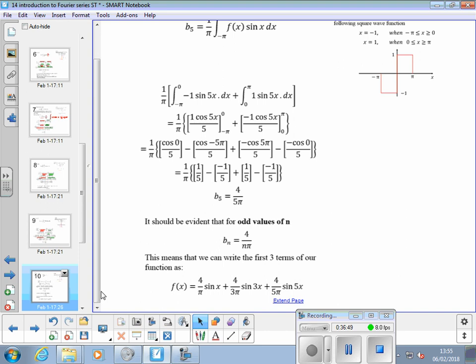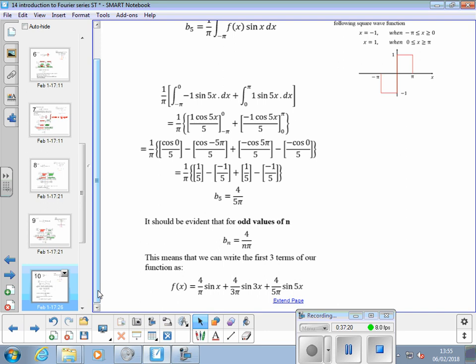Okay, now pi, and possibly the number 4, would be different if we are talking about a different period, the frequency. I'm not going to go into functions that aren't between minus pi and pi, functions that have got a different frequency to this. Alright, I'm not going to be doing that. Okay?